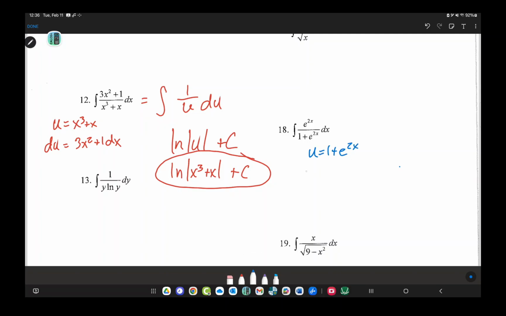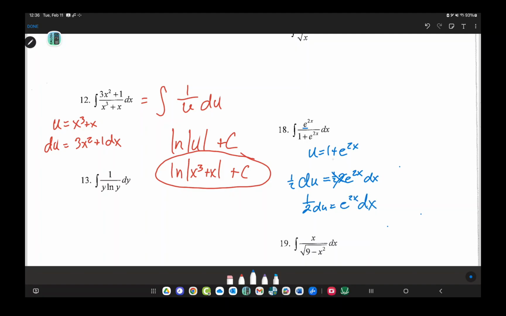Now, if you take the derivative, that's going to give you 2e to the 2x dx. Now, I don't have 2e to the 2x, but I have e to the 2x. So I'm going to take 1/2 of both sides. And 1/2 du is equal to e to the 2x dx.